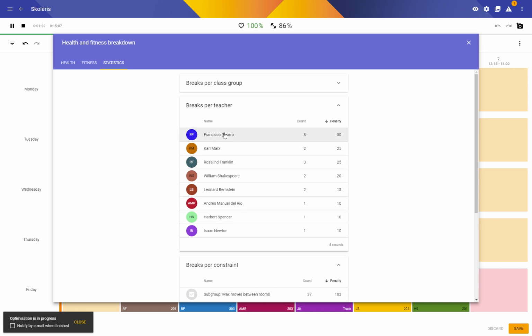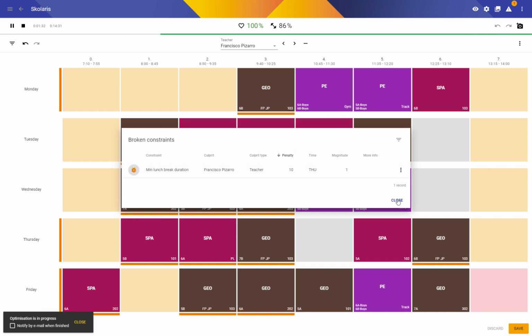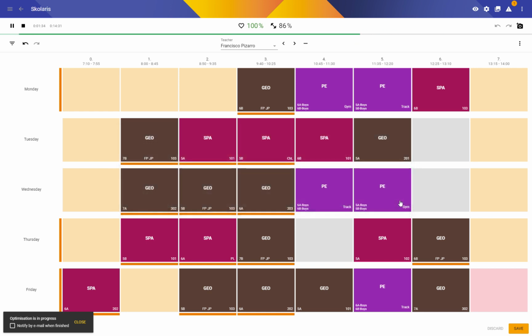Okay, Pizarro, who took most of Paganel's lessons, is worst off, having a penalty of 30. That's probably because his lunch break duration isn't met on several days. Not a big deal either in our configuration.